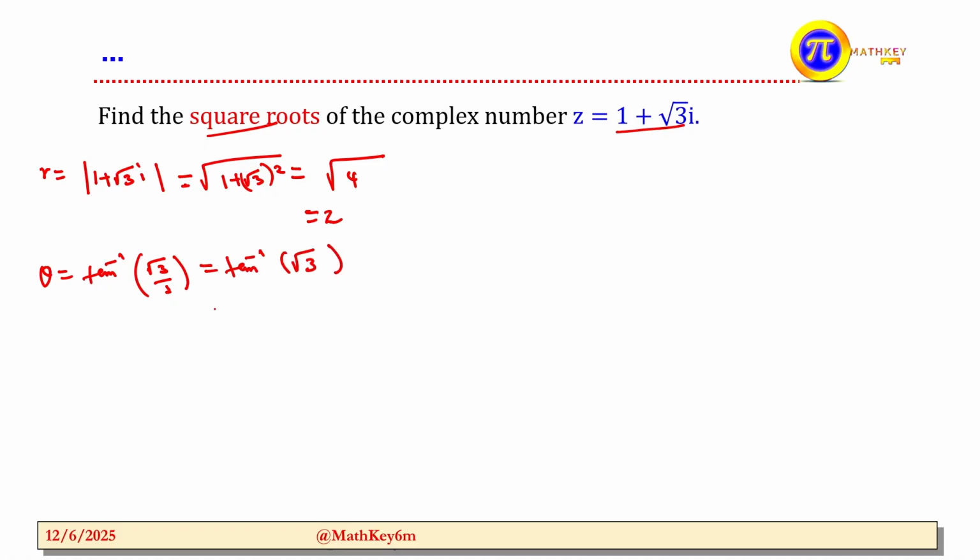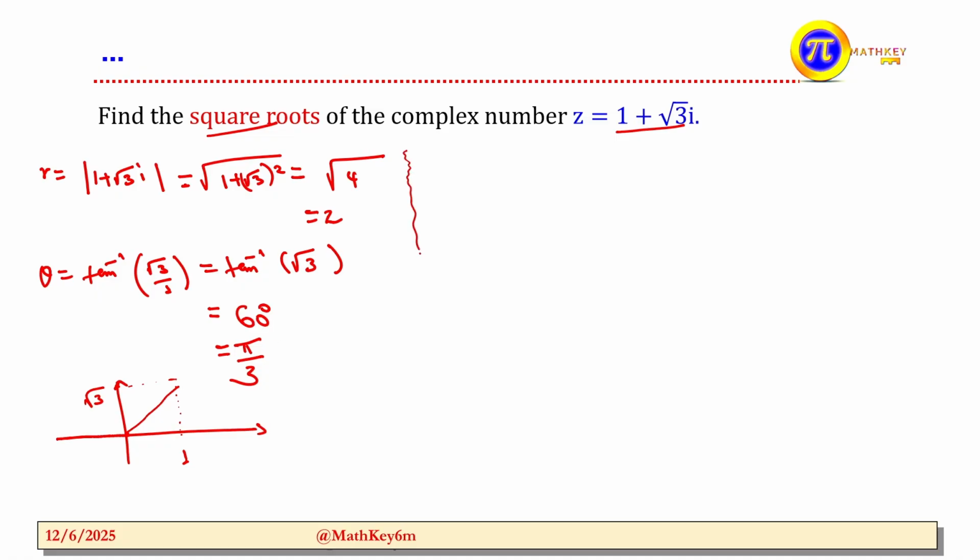It is equal to 60 degrees, or we can say pi over 3, since it lies in the first quadrant, with the real part 1 and the imaginary part root 3. That's why we take theta as 60 degrees or pi over 3 radians, which is positive.